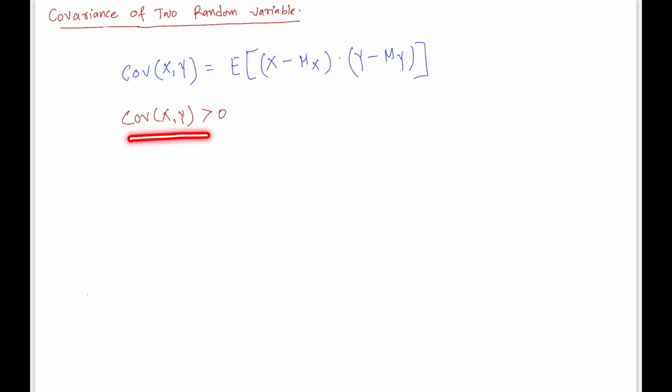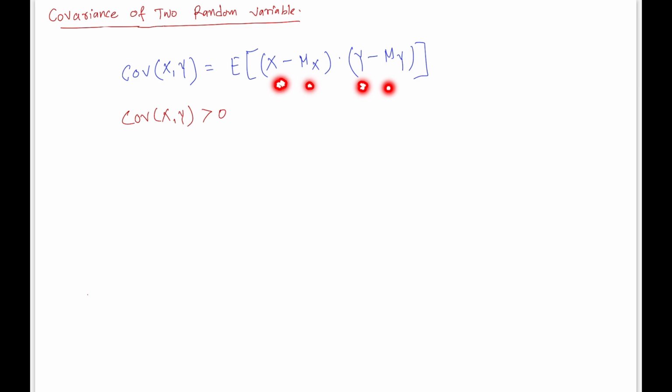So what we can say is, if the covariance is greater than 0, on average x and y tend to move together. If x takes a value that is greater than its mean, then y also tends to take a value that is greater than its mean.